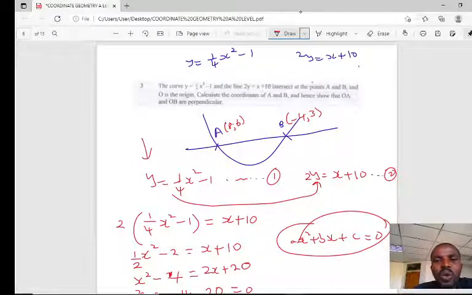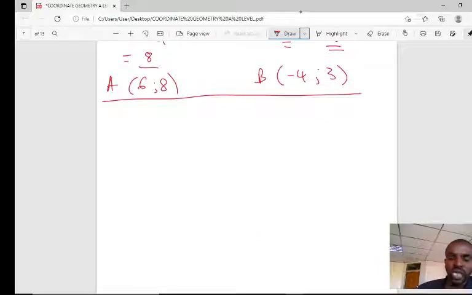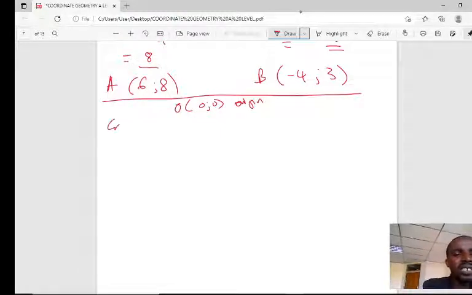Then the second part, it says and hence show that OA and OB are perpendicular. Remember, O is the origin, right? Which means O is the point 0, 0. So OA, you find the gradient.